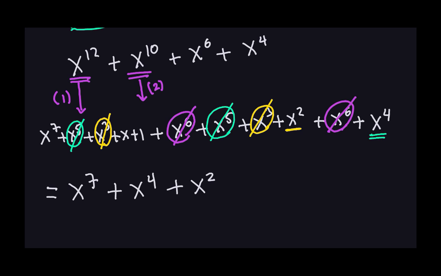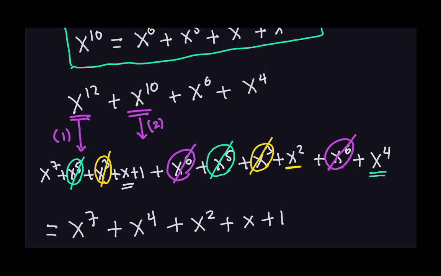And I'm done with the x squares. Do I have an x in here? Let's see. I have an x over here, and so that's going to give me x only. And plus 1. So as you can see here, we get the answer.